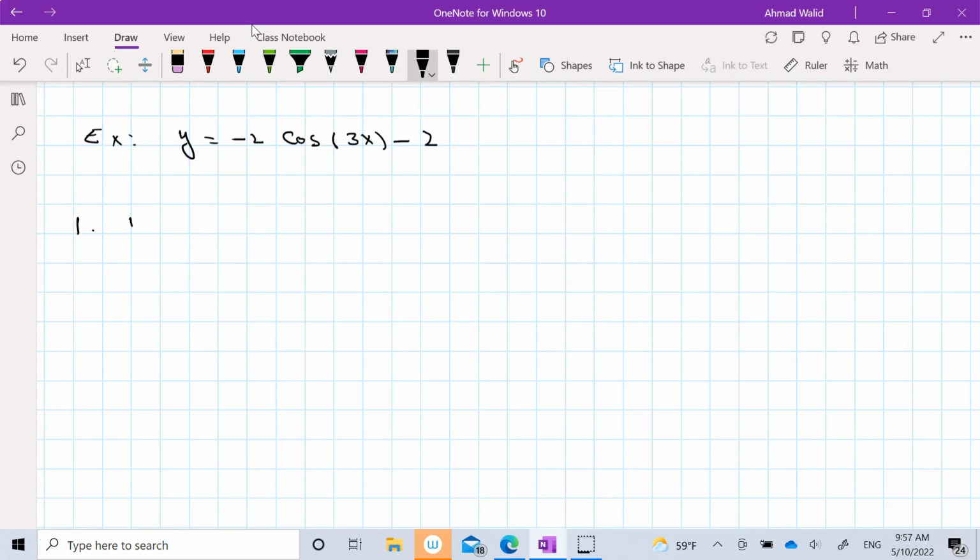My first step is finding the period, which is P. P equals 2 pi over B. It means 2 pi over 3. Correct? Now I will graph.